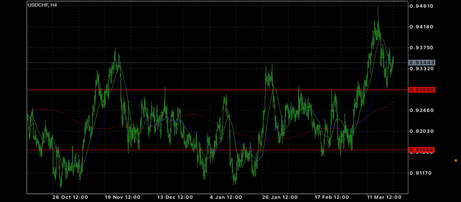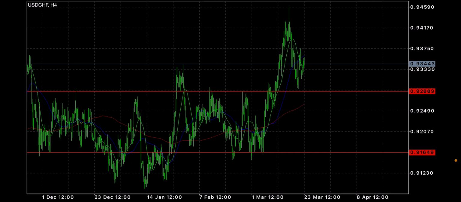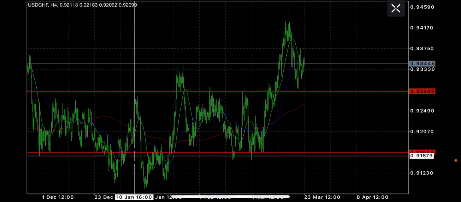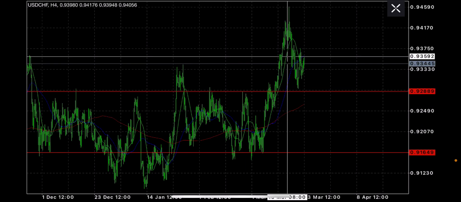Okay. Then since the beginning of the new year, 2022, we've also been staying between the red lines with slight breaks in the range towards the top extreme and bottom low extreme. And then we eventually broke out of this range.